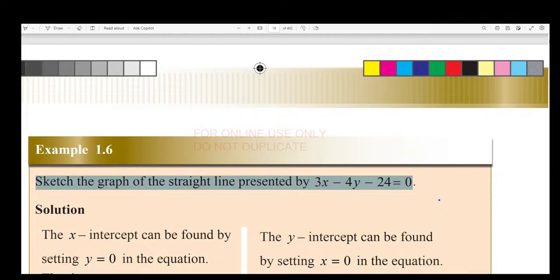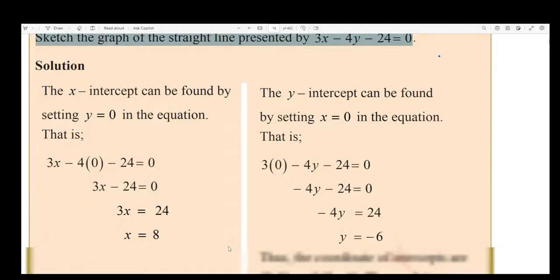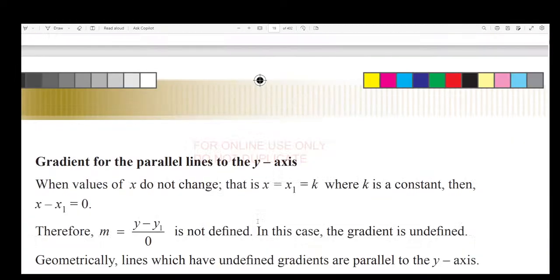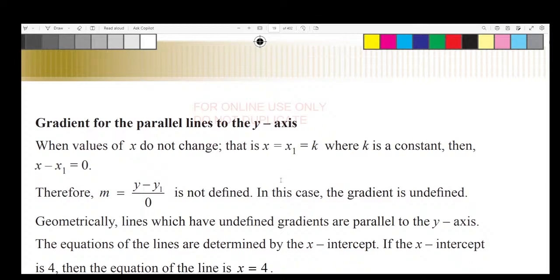To proceed with another part, let us continue. The gradient of parallel lines to the y-axis. When values of x do not change, that is x equals x1 equals k, where k is a constant, then x minus x1 is going to be equal to 0, and therefore the slope is going to be undefined, dear students.